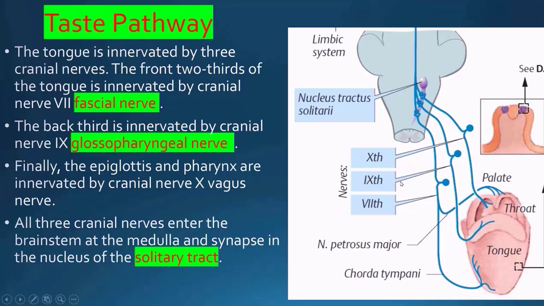All three cranial nerves enter the brainstem at the medulla and synapse in the nucleus of the solitary tract. You can see these all three nerves then enter into the medulla and here is the solitary tract and they synapse there.